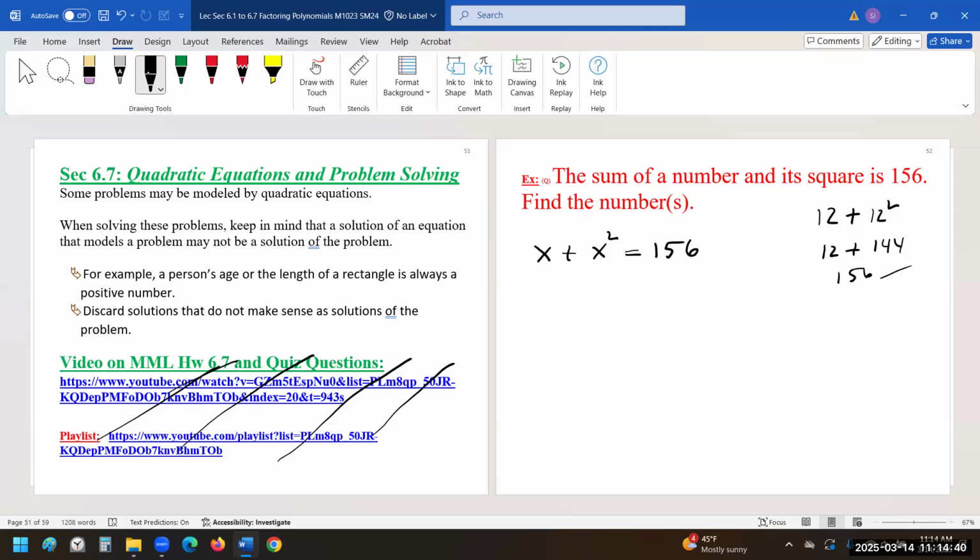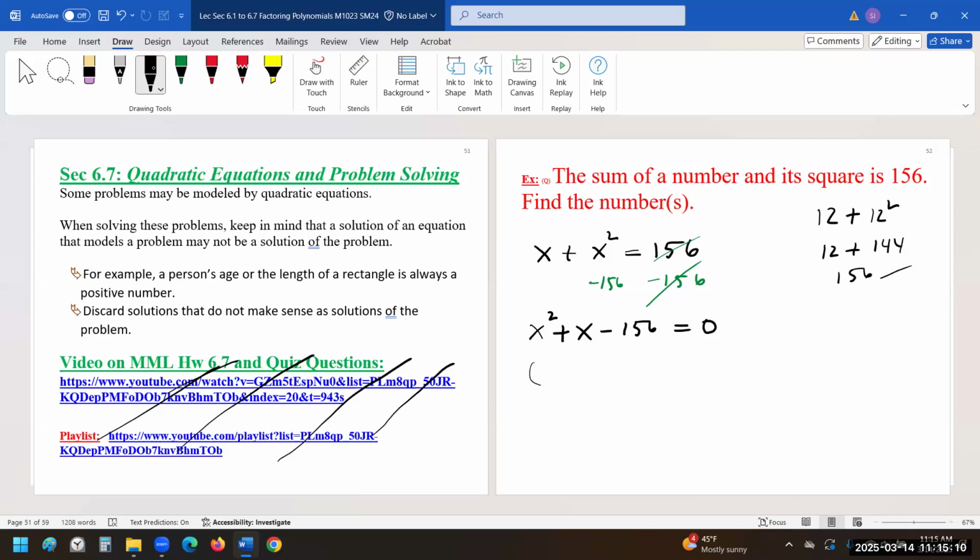So how can you solve these two problems? Subtract 156 from both sides so that the right side problem gets solved. And for the left side, just rearrange the terms. We don't have to do any extra work. So x squared plus x minus 156 equals 0.